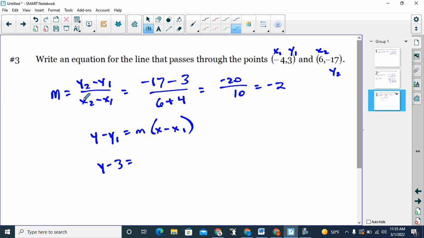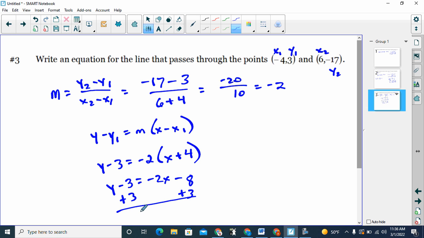My slope I found to be -2. And x1 is -4. And again, that changes that minus to +4. Distribute your -2. Negative times positive is minus. 2 times 4 is 8. Add 3 to both sides. And we get y equals -2x minus 5, which is indeed our equation.